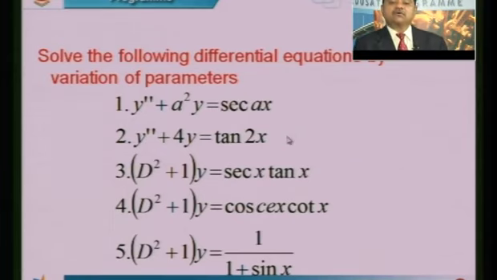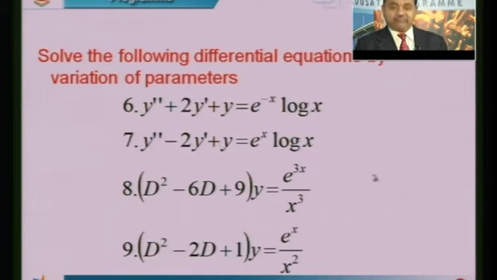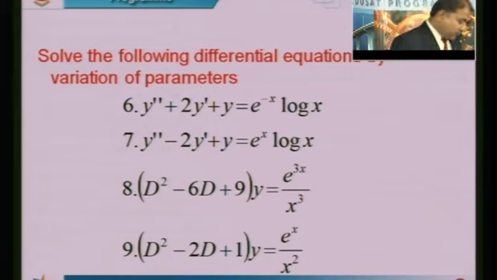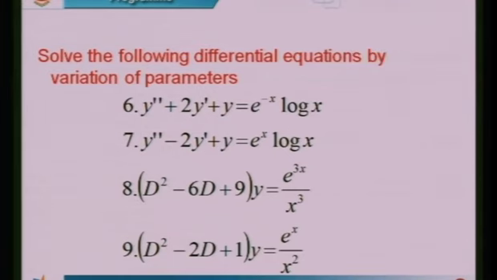Now let us go for the second set of problems. What I told, you can see there are logarithmic functions and the polynomial is in the denominator. How to solve such type of equations? So let me take the seventh problem, y double dash minus 2y dash plus y, how you can solve by using variation of parameters method.